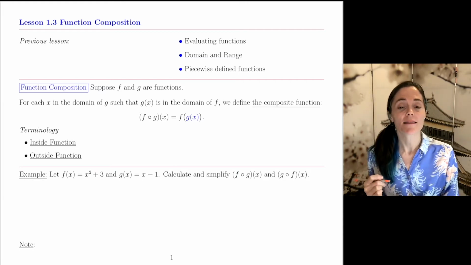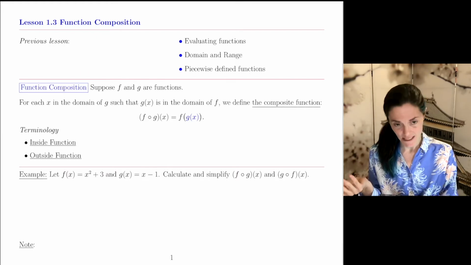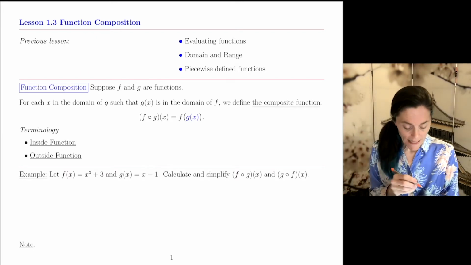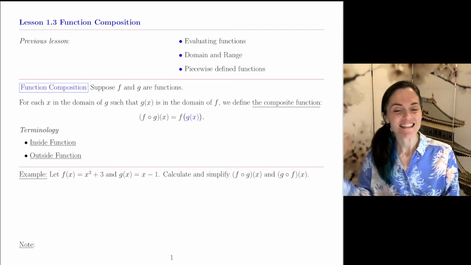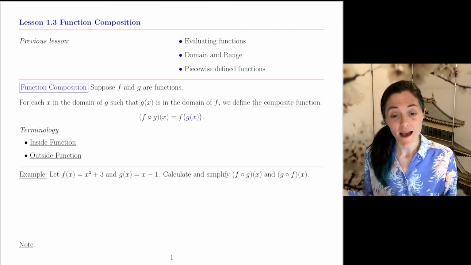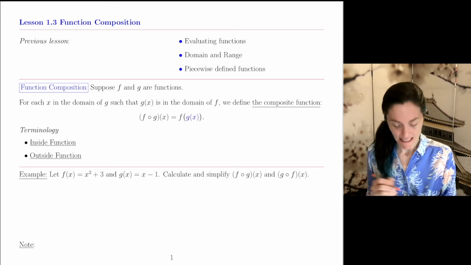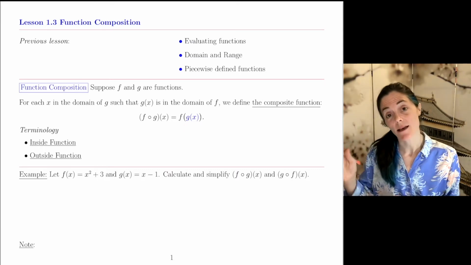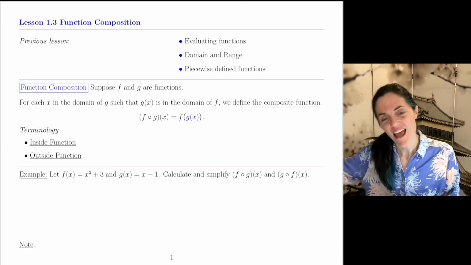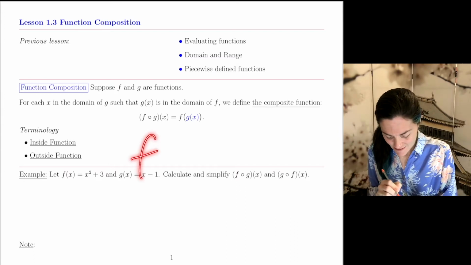How do we define this? Well, we need two functions, f and g, and then for each x in the domain of g, such that g of x is in the domain of f, we can make this definition, f compose g. But what this is, you put g of x into the function f. You see?